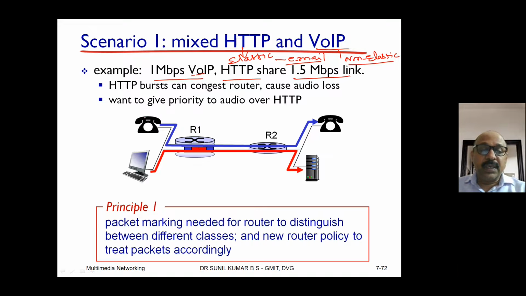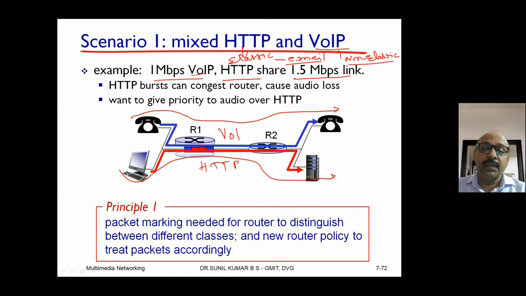Now you can see that it is making the transmission like this, and here another transmission is going on from this point to this point. This is an HTTP communication. This is a VoIP communication.